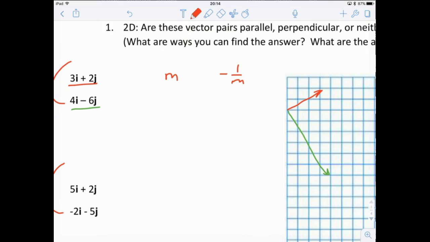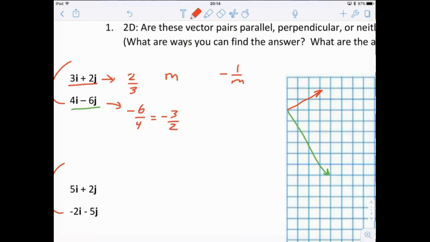Okay, so let's take the slope of this. The slope of 3i plus 2j is going to be 2/3. Okay, and the slope of 4i minus 6j is going to be negative 6/4, which is actually equal to negative 3/2.